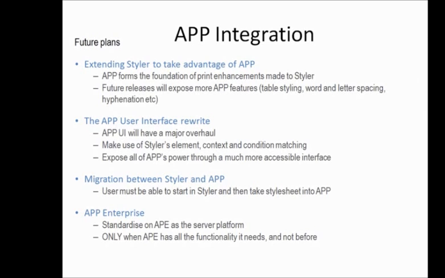APP user interface rewrite, Simon will talk more about that. Steps to help you migrate between Styler and APP, and an important one for APP Enterprise users, that the eventual goal is to standardize the functionality that you get with Enterprise onto the Publishing Engine platform.